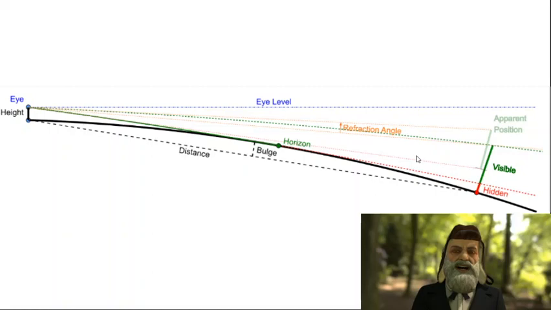When we take refraction into account, the image of the object is lifted up to its apparent position. That's not its real position, that's the apparent position. And the hidden portion is still hidden. It doesn't magically appear. It's still hidden by the horizon. It's just lifted up. Not so hard to understand, really.